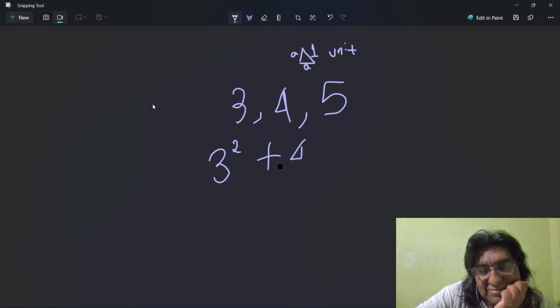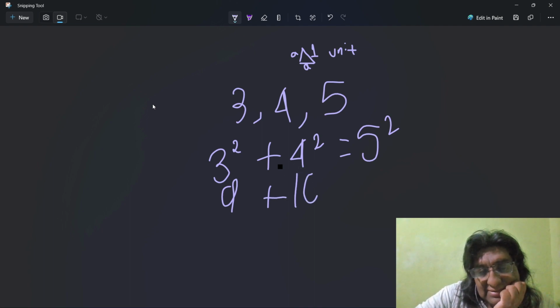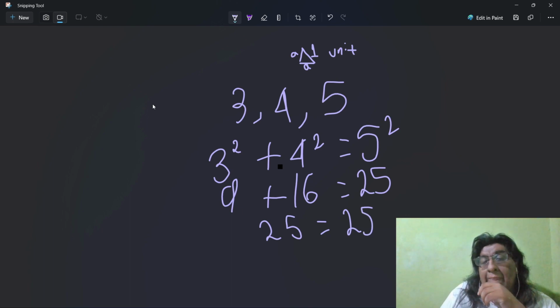You apply the theorem of Pythagoras: 9 plus 16 equals 25, 25 equals 25. This is the most basic triangle, basic numbers, that satisfies this relationship.